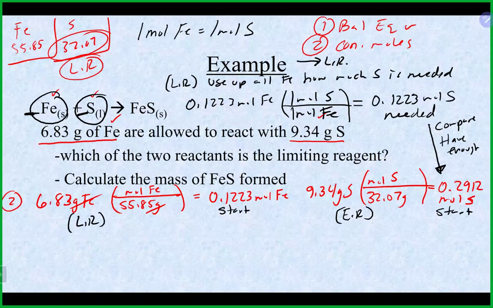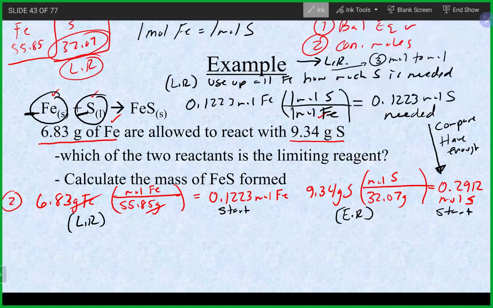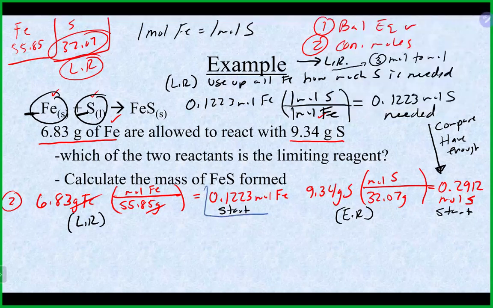Now that I've identified my limiting reagent, I could pick back up with step number 3 and actually do the stoichiometry. It is important at this point that you do the stoichiometry with the starting amount of your limiting reagent. So you're not going to really use this calculation too much, just to determine which one is your limiting reagent.